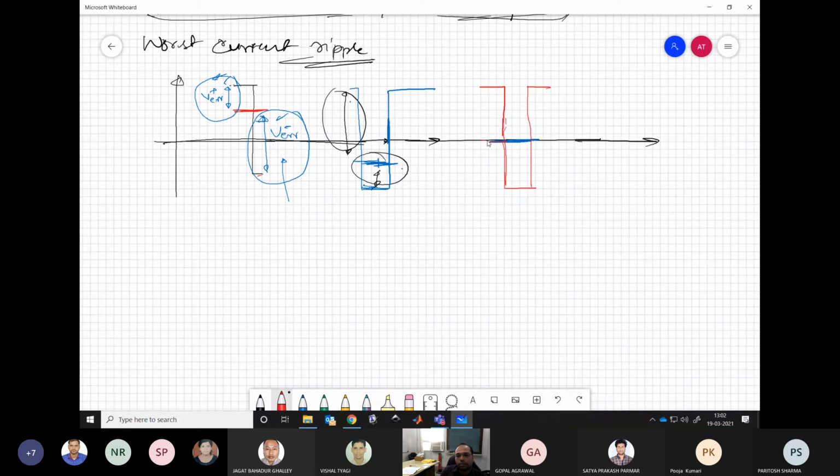Is it not? Which means here we have voltage error positive and voltage error negative both at maximum value. So our voltage error is maximum at the zero crossing of the fundamental component.